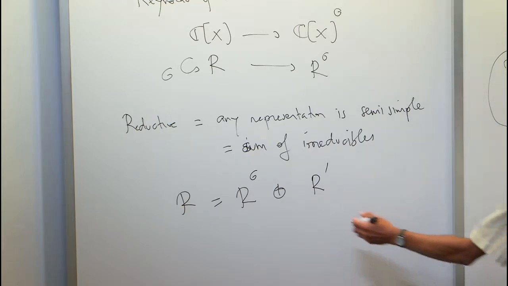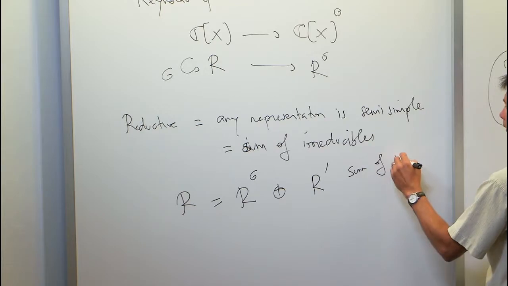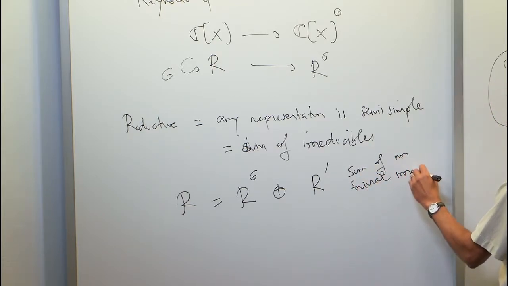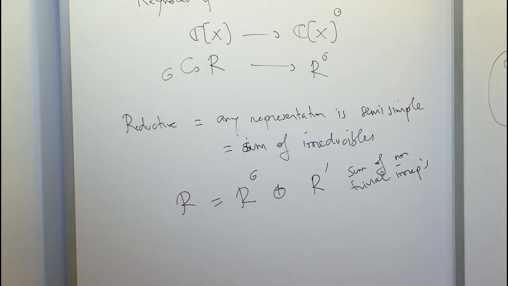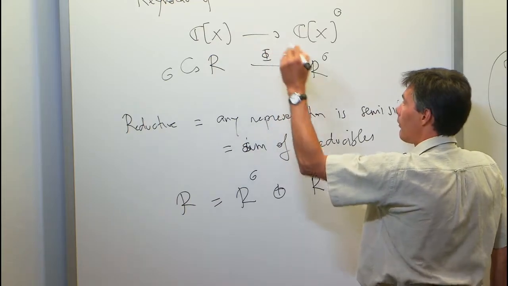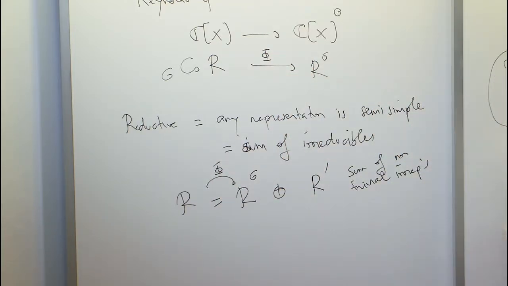So there is a canonical decomposition, and what is the Reynolds operator? It is just the projection defined by this decomposition.